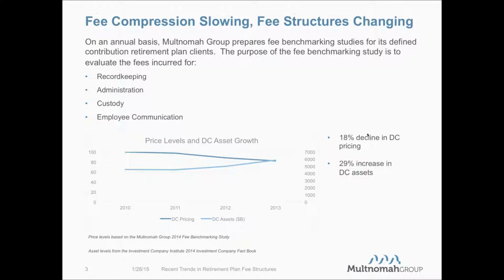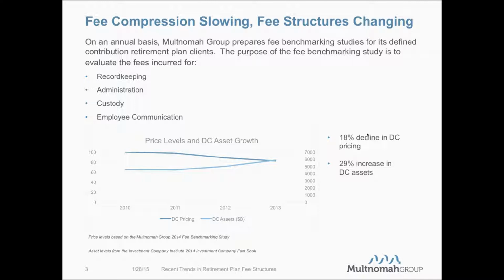What I'm going to talk about a little bit is our annual survey. On an annual basis, we go out to the marketplace and benchmark the fees that are being paid by our clients versus what they would be able to attain if they had to take their plan out to bid. Clearly, most plan sponsors don't like the disruption, the cost and effort associated with having to do vendor searches.